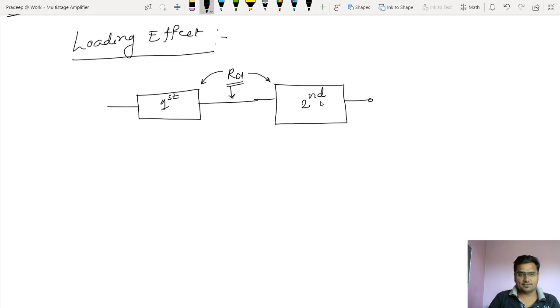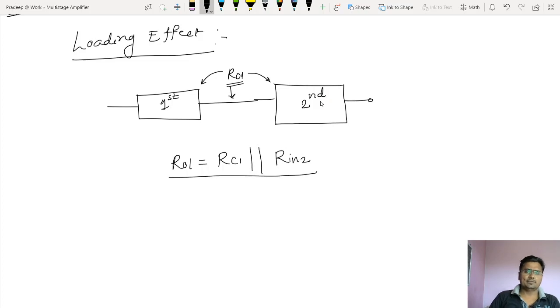Now, what is that RO1? If I want to write the equation, I can write that it is a combination of the output impedance of the first stage, which is the collector resistor of the first stage, in parallel with the input impedance of the second stage. Roughly I can write the equation for RO1 like this, because RO1 is a combination.